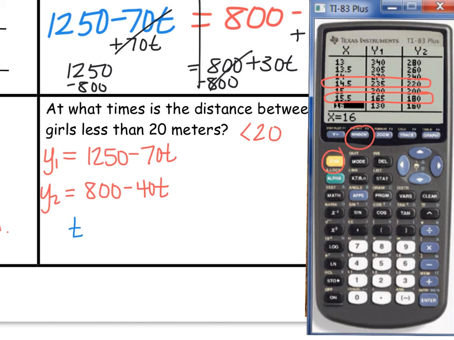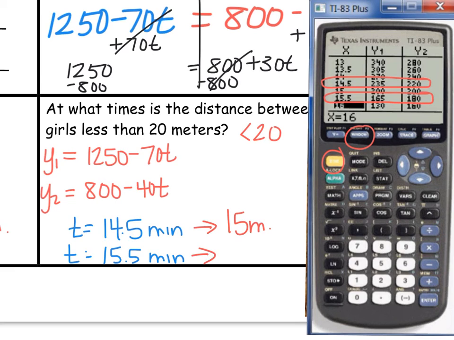So when the time is 14.5 minutes, sorry, not 14.5 seconds, 14.5 minutes, and also when the time is 15.5 minutes, the distance between Maggie and Ming is 15 meters.